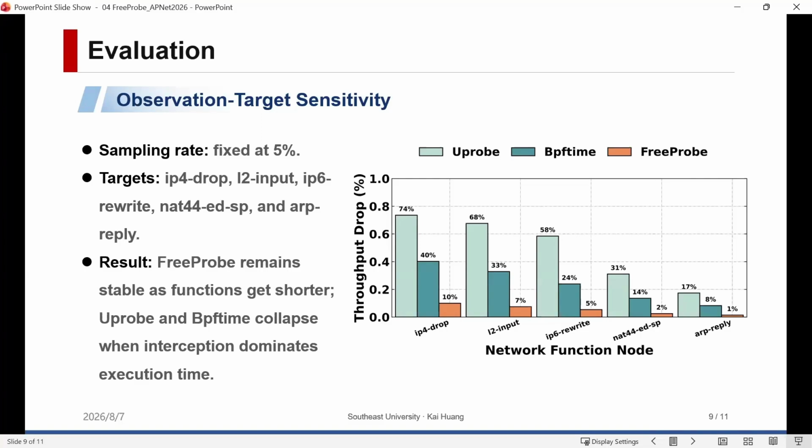FreeProbe limits the loss to about 10% because only sampled events pay for context preservation. This shows that the design remains practical at fine granularity.